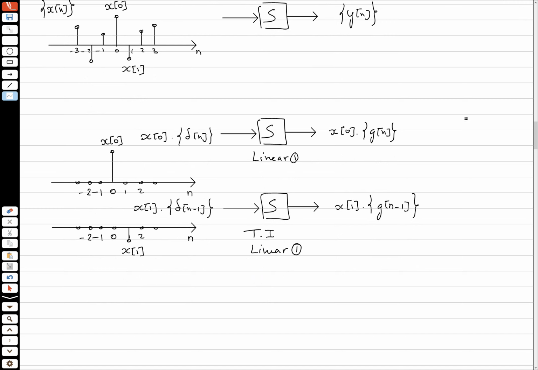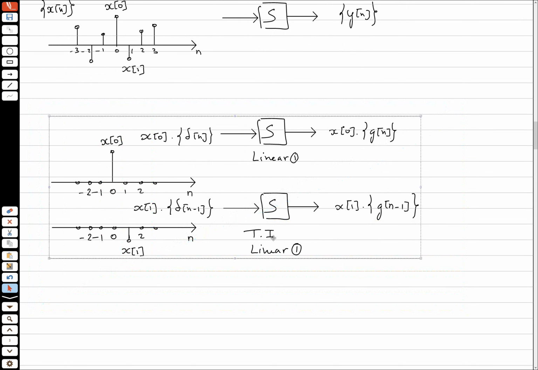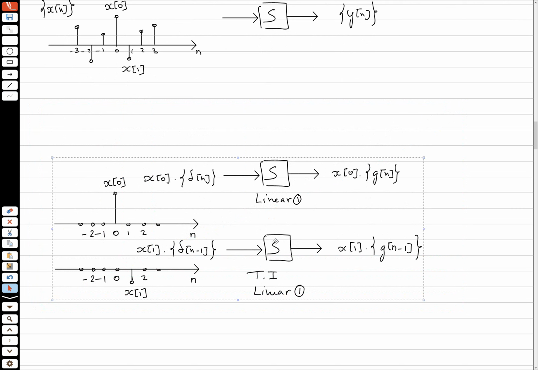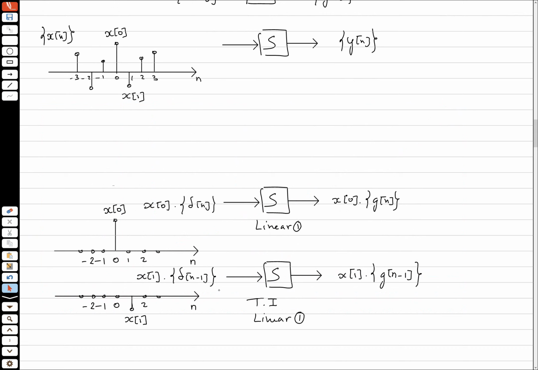Now, if you understand that, you know I can keep on doing this. But let's do it also on the negative side. Let me do that one more time, but this time with the negative index.